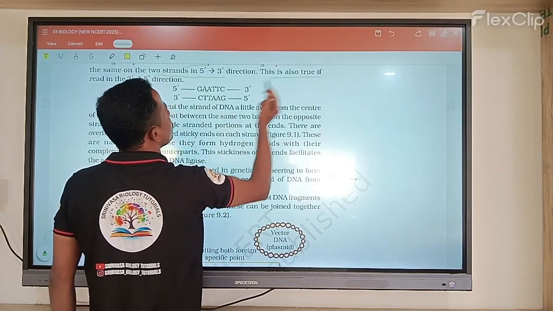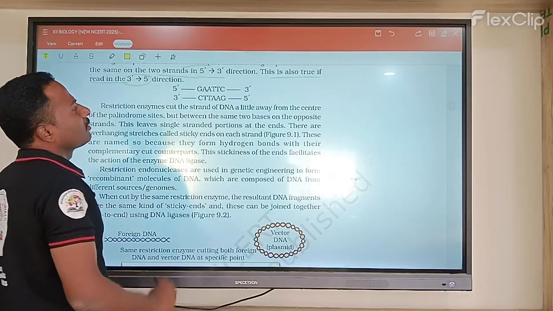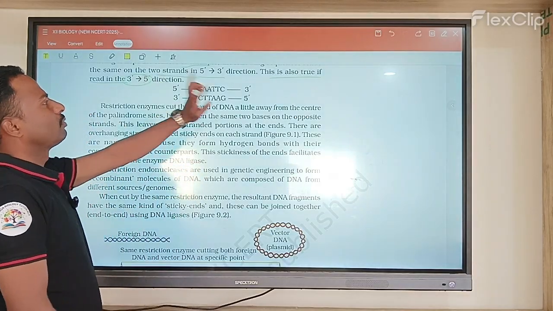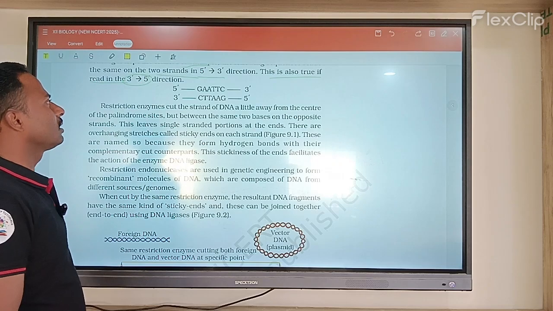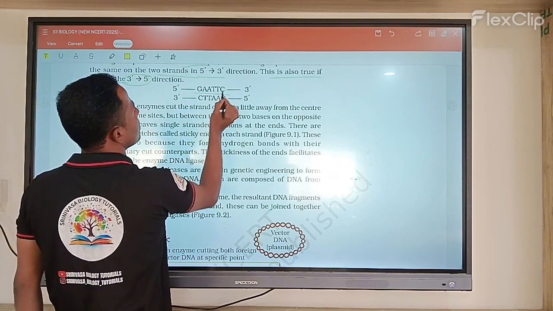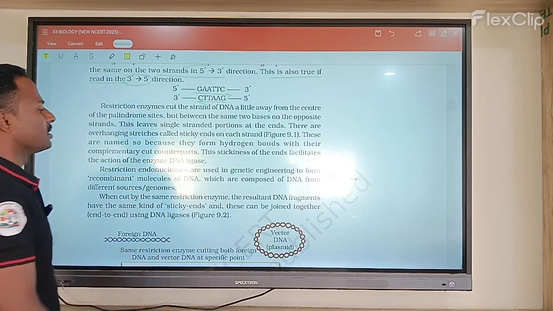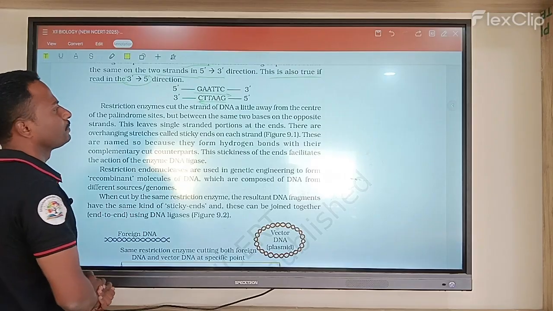It is also true if read in the 3 prime to 5 prime direction. So one is 5 to 3 and the second one is 3 to 5. They have given here clearly GAATTC, GAATTC.